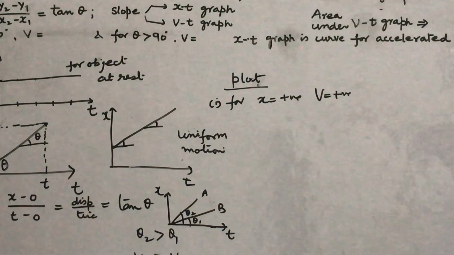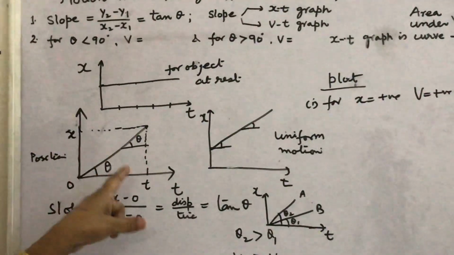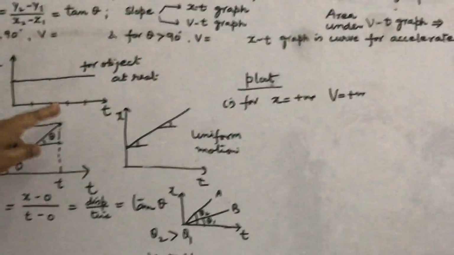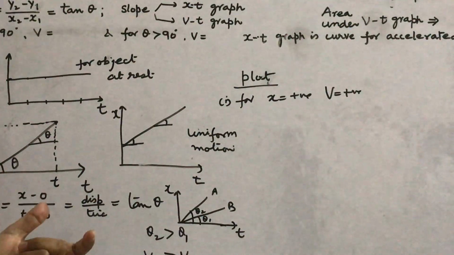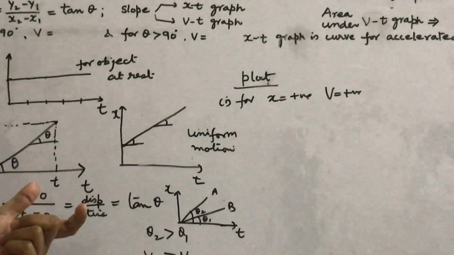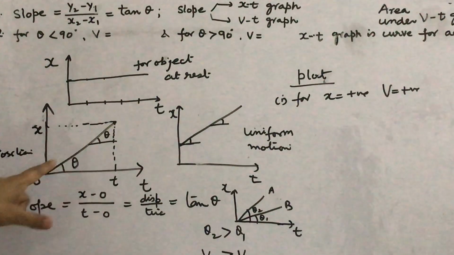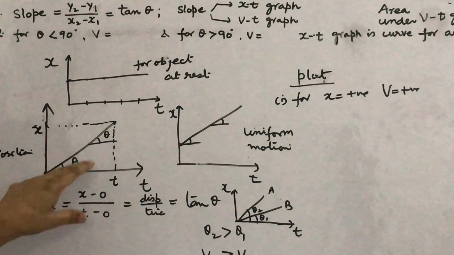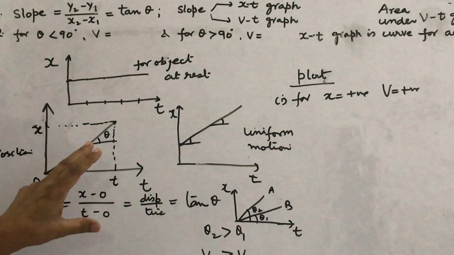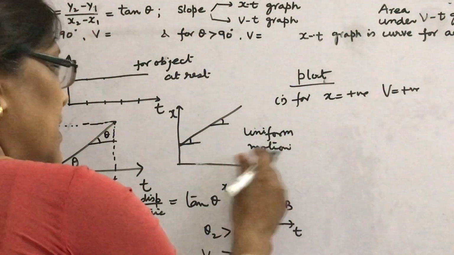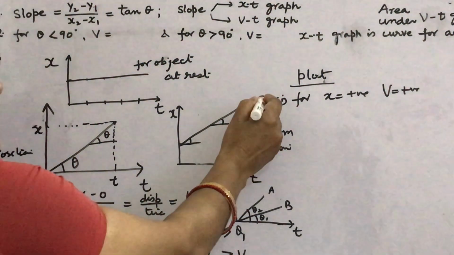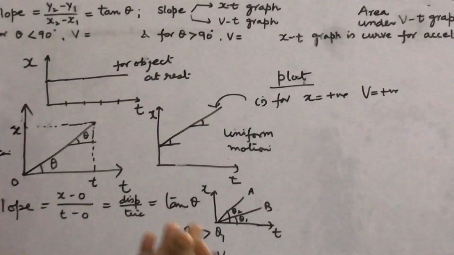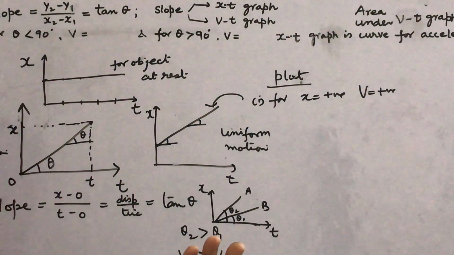Suppose it is given, how will you plot? You know that for the xt graph, its slope is what? Velocity, and velocity is positive because it is in the first quadrant, x and t both are positive. Then how will you draw the graph? This one is the graph for x positive and v positive.